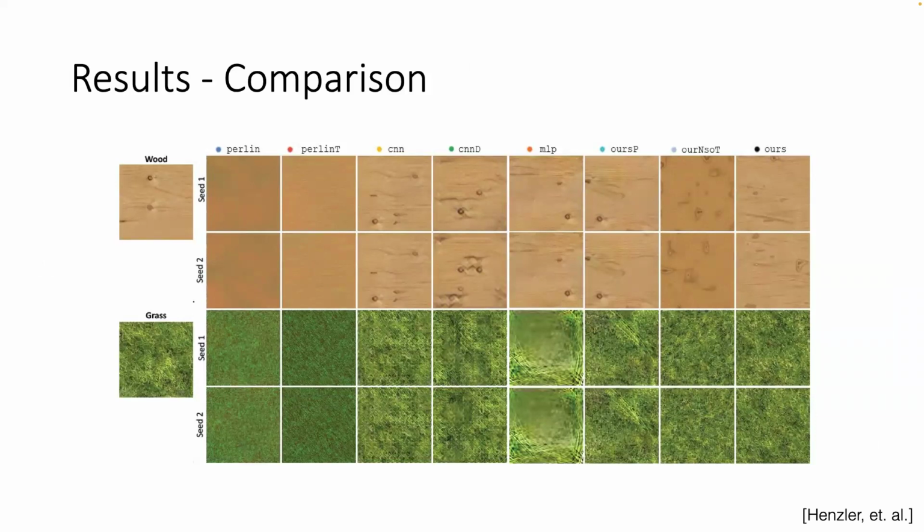So here you have a wood, you have grass, and then here you have Perlin noise. You have a texture from convolutional neural networks, and this is what's generated by this method. And you see that this method is the most natural compared to the real textures, and it's also very lightweight after you train it, right?